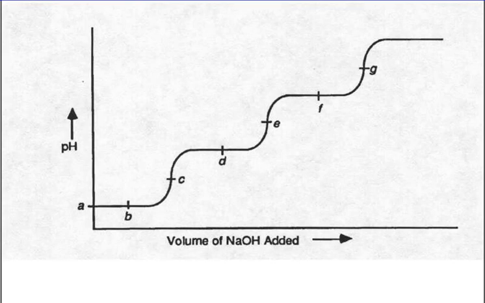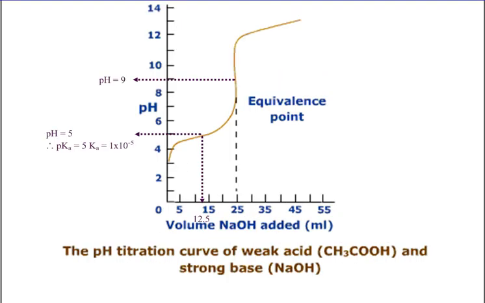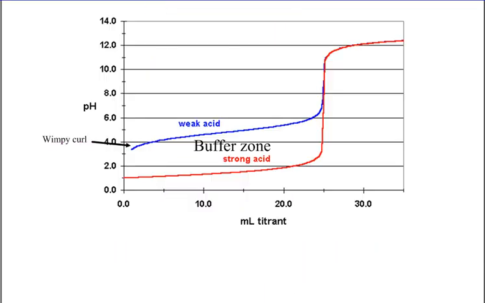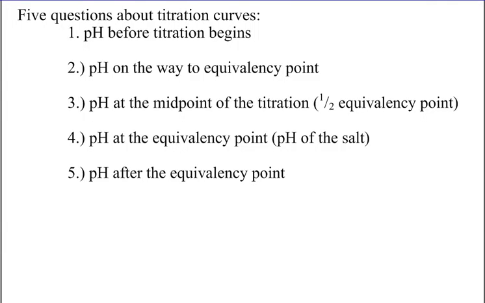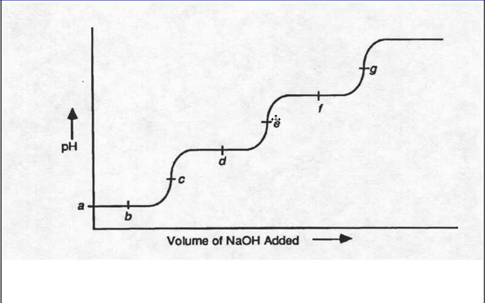Well, for all of the ones before this, we've got acetic acid and sodium hydroxide. Acetic acid is monoprotic, so all of these graphs were monoprotic. So if you have multiple jumps, multiple equivalency points, that means you must be diprotic or polyprotic.